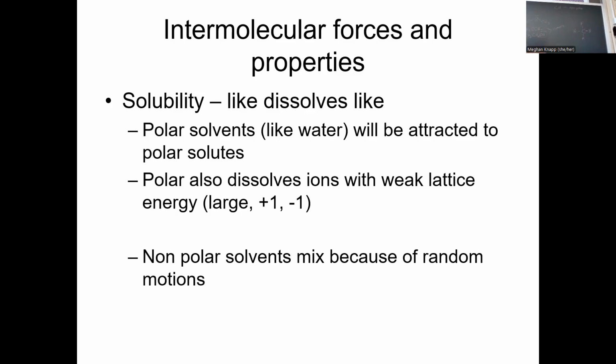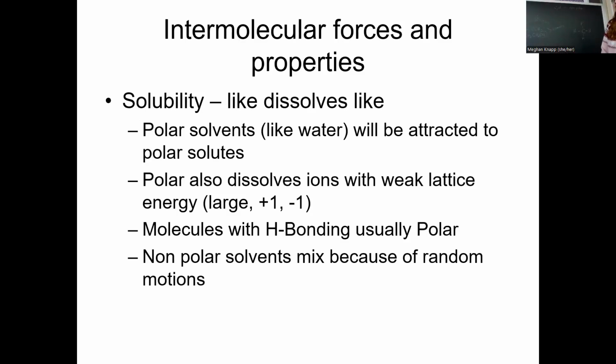So our polyatomic ions tend to be pretty soluble. Acetate is soluble, nitrate is soluble, sulfate pretty soluble. And then the last thing, remember I said, is that molecules that have hydrogen bonding tend to be polar. So if one is hydrogen bonding and one is polar, most likely they're going to dissolve one another.